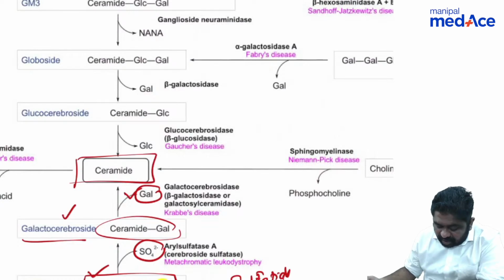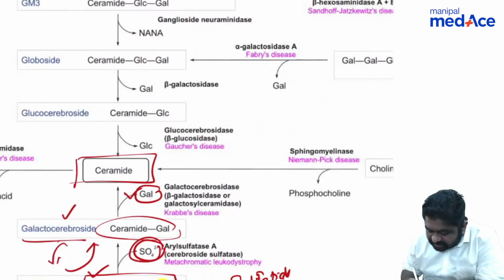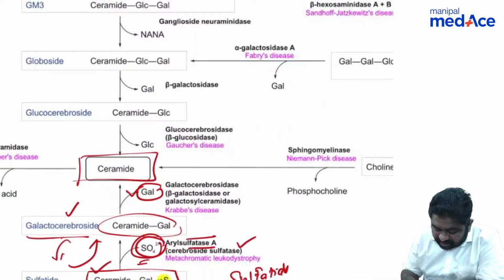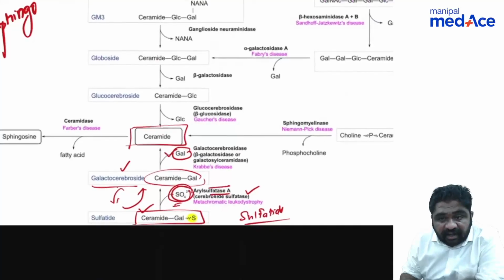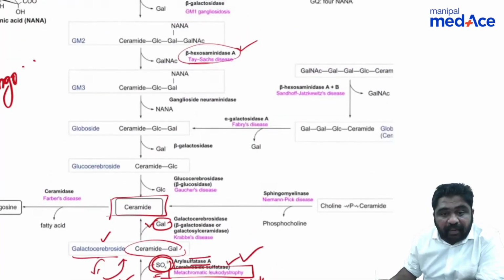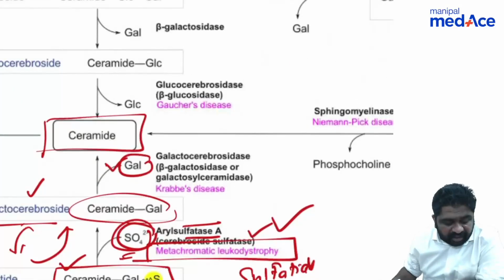Now here you have to remember that sulfatide becomes galactocerebroside when the sulfate is lost. That sulfate is removed by the enzyme sulfatase A or cerebroside sulfatase. If that is deficient, there is accumulation of sulfatide. That condition is called metachromatic leukodystrophy.